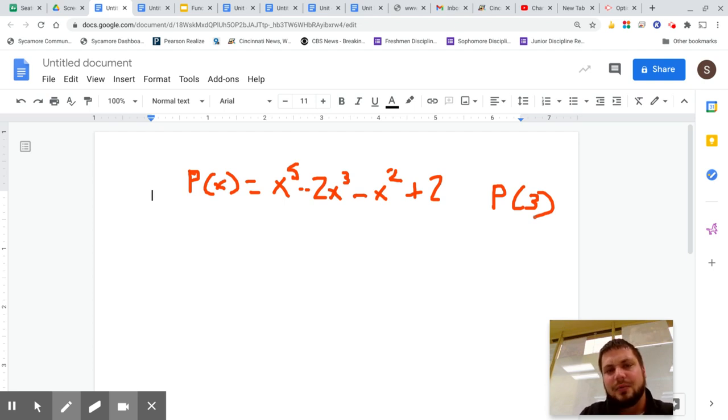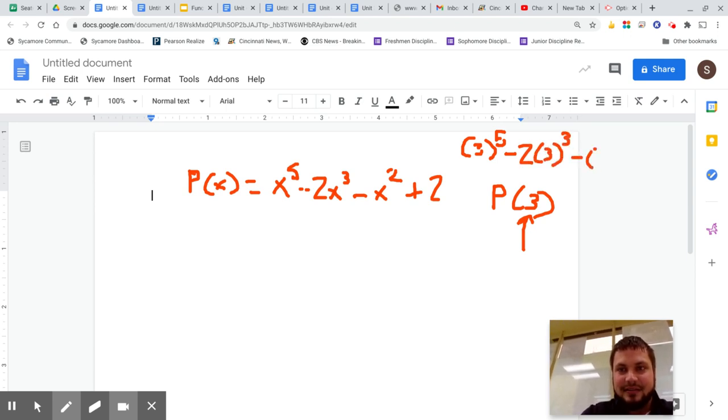So what happens here is if I do synthetic division on this problem with a box number of 3, my remainder will be the answer. So my remainder will be equivalent to plugging a 3 in for x into that equation. So it'll be the same exact thing as mathematically doing that.